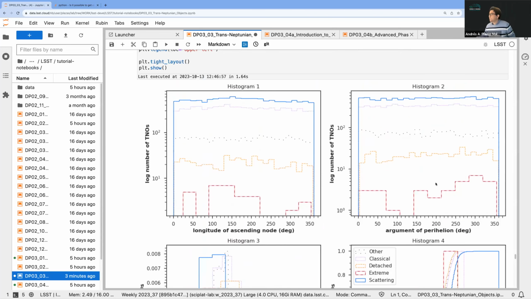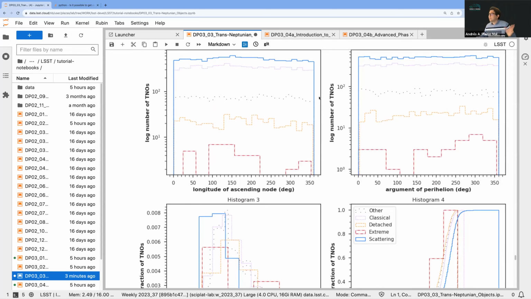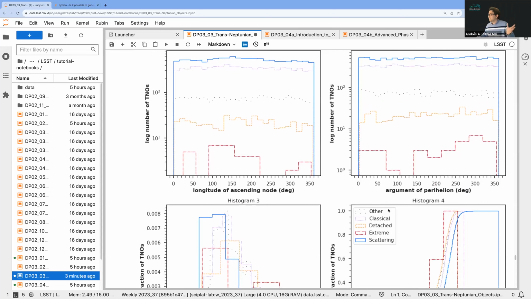And then looking at those two histograms, this dotted line is the other class that I was telling you about. But then the actual classes are the classical, which is this purple dotted here, then the detached, which is this dashed one here, and then the extreme one, which is the dash-dotted line right here.